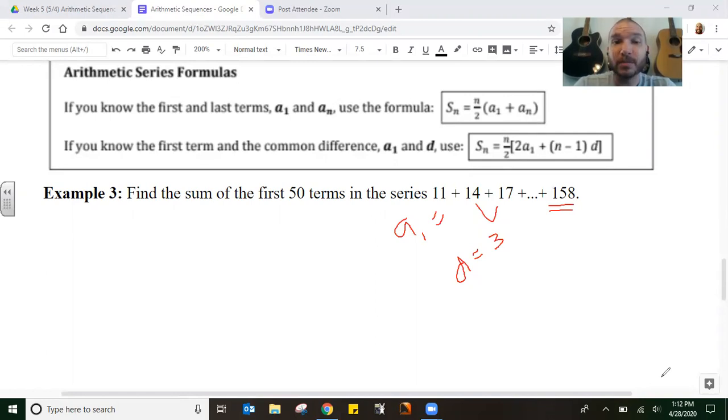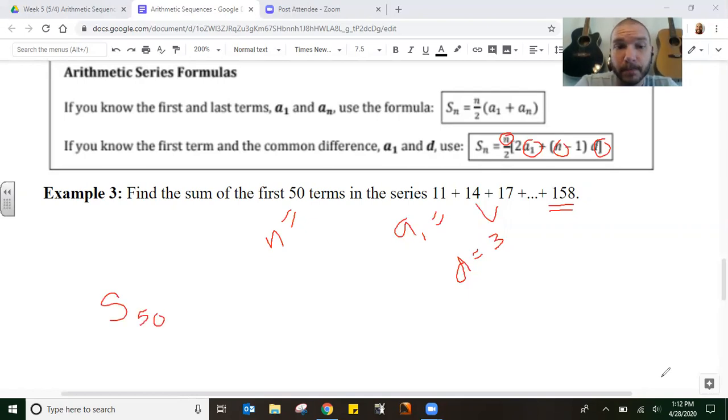So therefore, we can't jump to the first equation. We have to use the second one because we have the first term and d. So we know this part and we know d. And because they tell us we want the first 50 terms, that's n. So now we have all three of those parts. We can find the sum of the 50 terms.